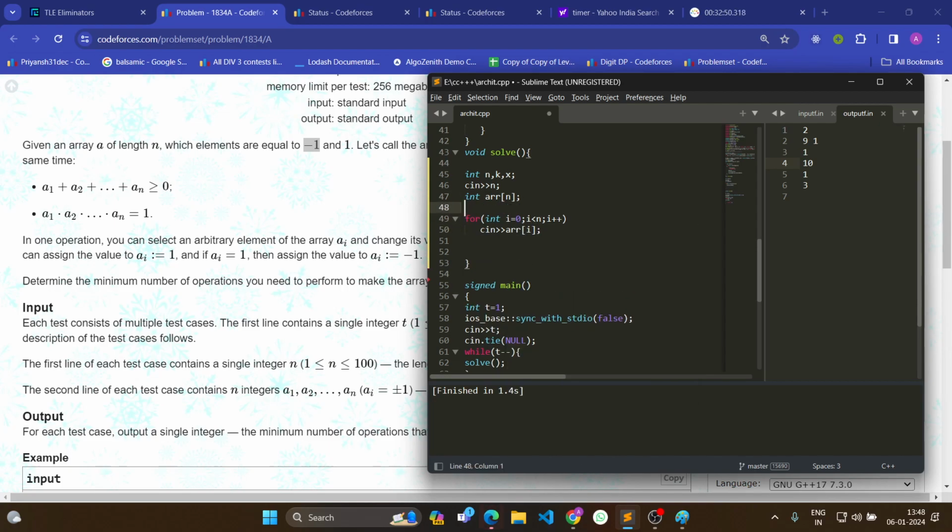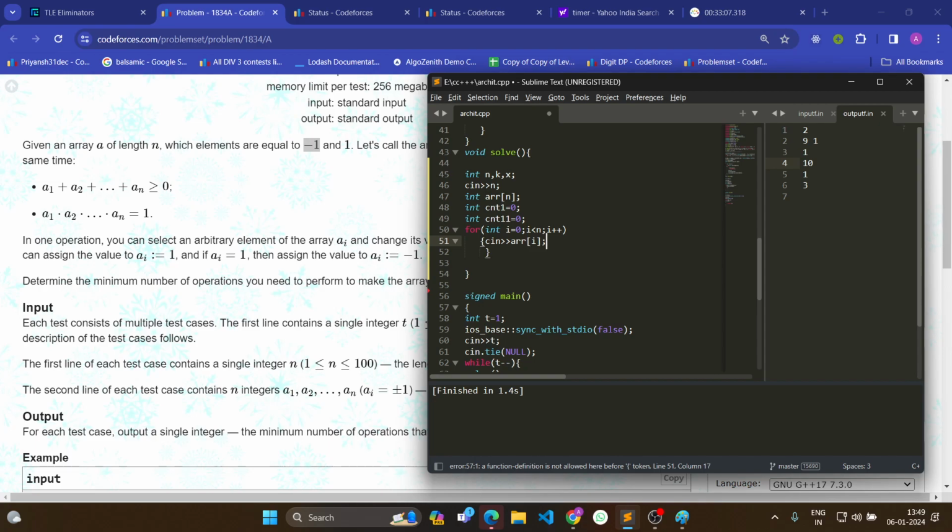So what he's saying is I need to keep count of ones and count of minus ones. If A of i is equal to 1, I will do count1 plus plus, else count of minus 1 plus plus.